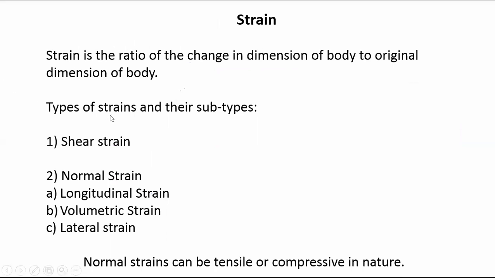Then types of strains and their subtypes. There are two main strains, like stress also. There was shear stress and normal stress. Here also shear strain and normal strain. These are the two main types.